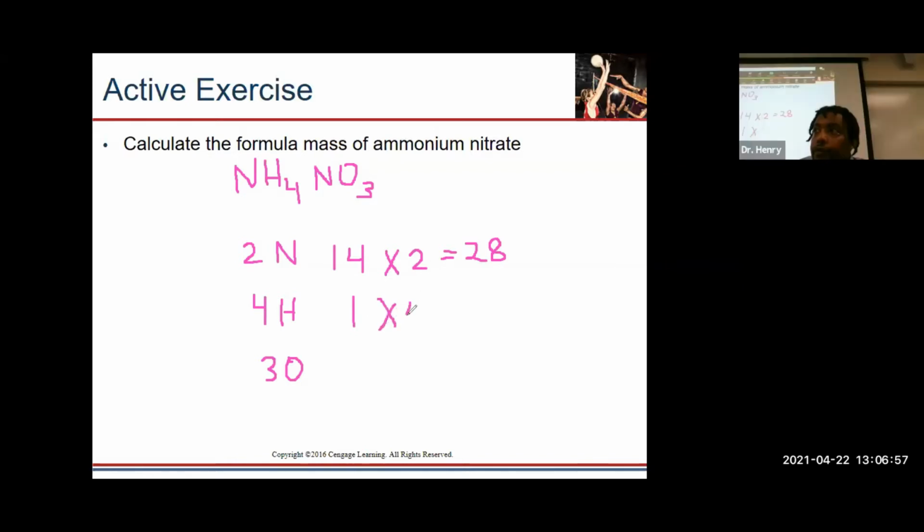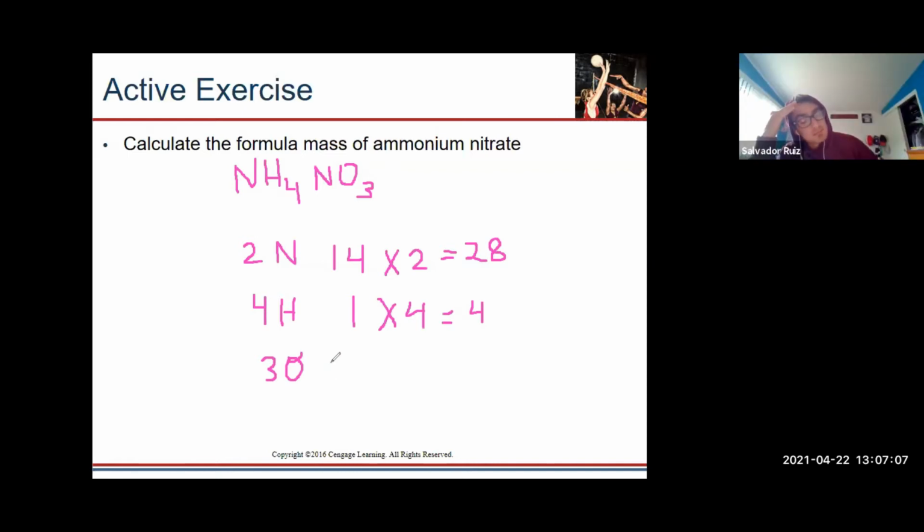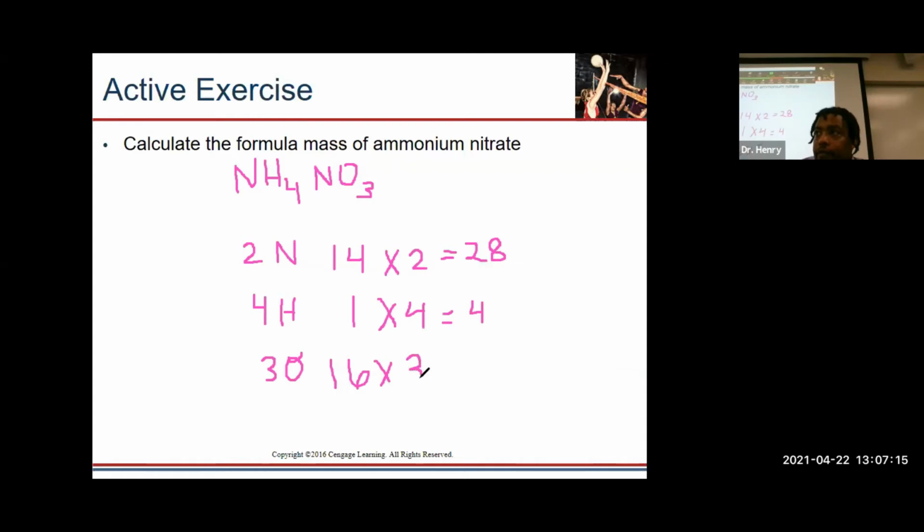And there's 4 of them? Right. And oxygen? 16. And there's 3 of them? 48.